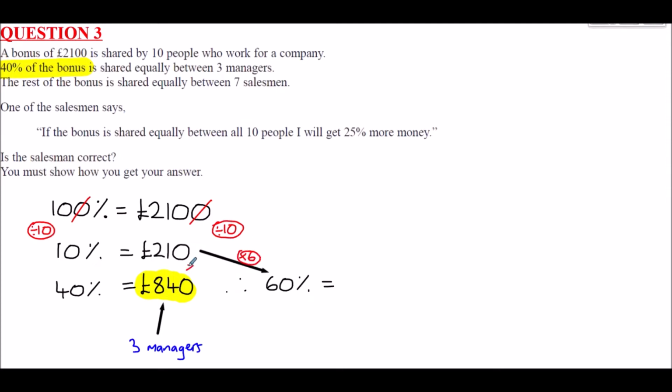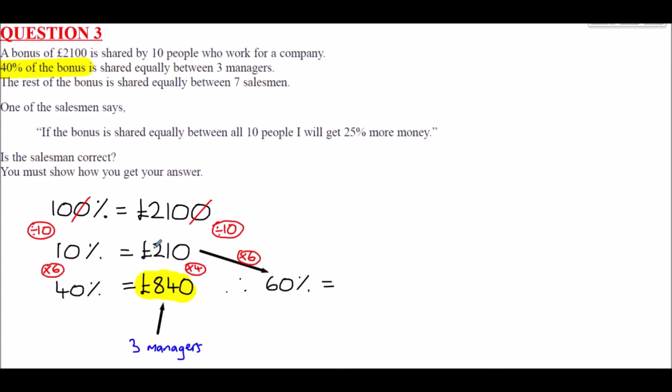Obviously here we multiplied by 4, but if we want 60%, we can multiply by 6. An alternative thing we could have done is we could have taken 2,100 and taken away this 840 to work out what these 7 salesmen have left between themselves.